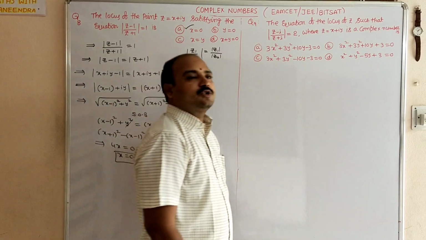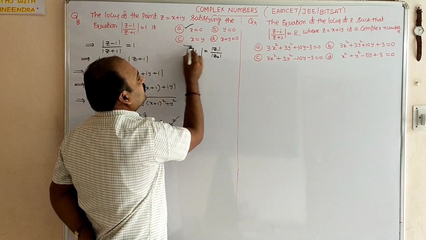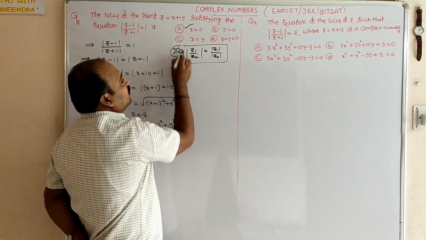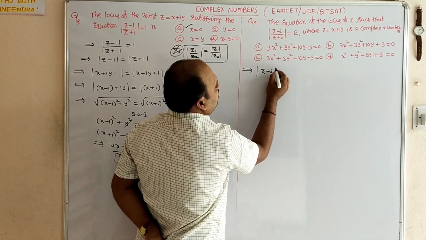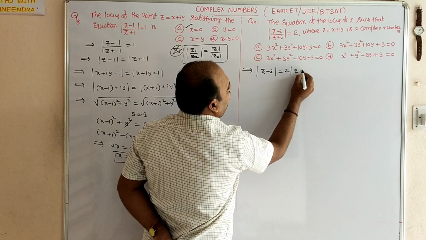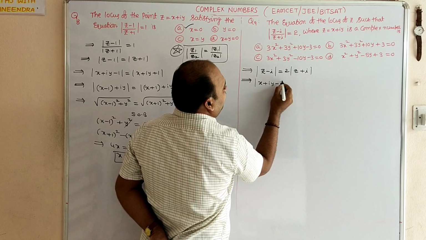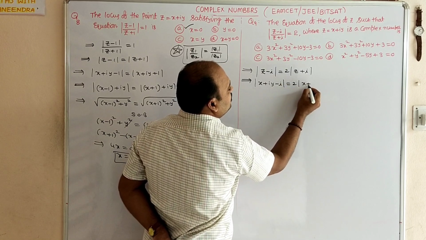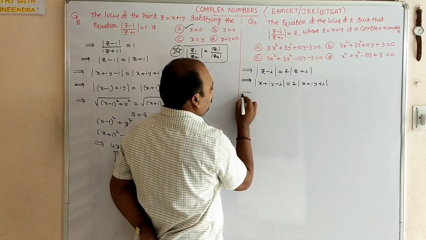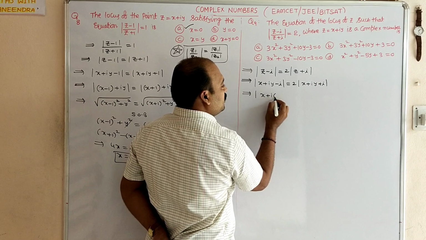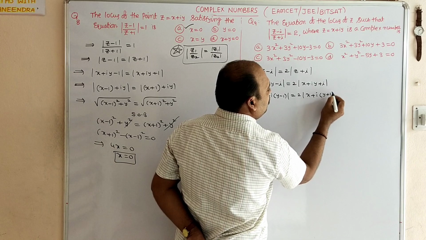A similar procedure applies here also, but here 2 is there. So again by using this property, it becomes |z - i| = 2|z + i|. So |x + iy - i| = 2|x + iy + i|, that is |x + i(y - 1)| = 2|x + i(y + 1)|.